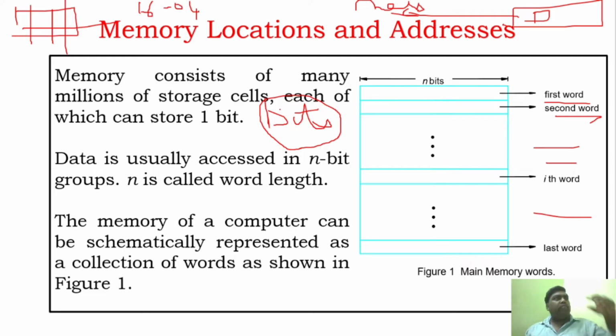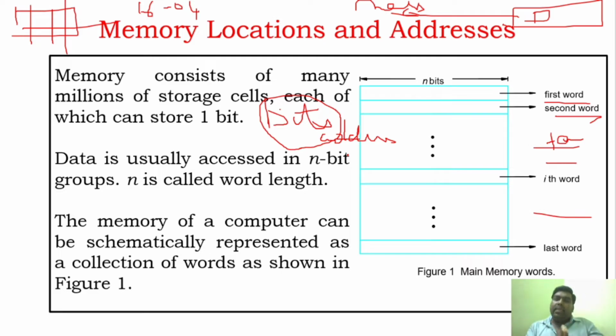So each and every instruction must be allocated in the memory in such a way that it has a specific number to identify it. If the processor needs the fourth word, then this fourth word must be identified by a special number. We need a particular number to identify that particular word. That number is called the address.